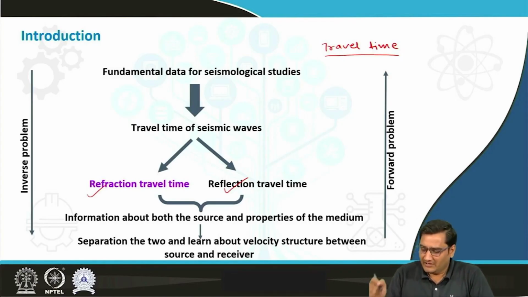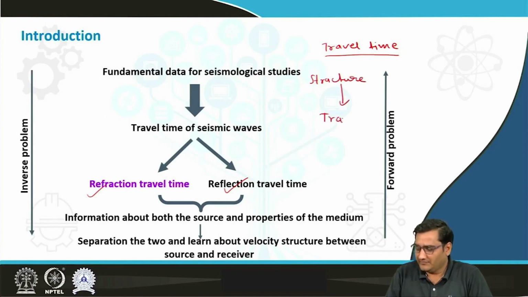So basically, if you have the information about the structure of the earth, then using this structure, you can find out the travel times. This is defined in the framework of the forward problem. Suppose you do not know the structure of the earth and you only have the information about the travel times of the seismic waves.